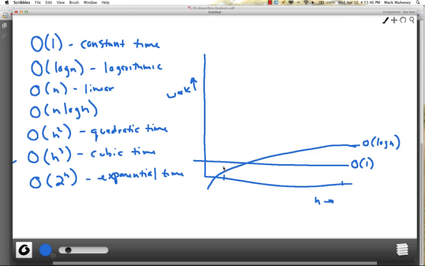Next would be linear time. So this might be something that looks like this. Again, it's growing over time, and it's growing faster than a logarithm. But we'll see shortly that it's growing slower than, say, the next one, n log n. That one would maybe look something like this.